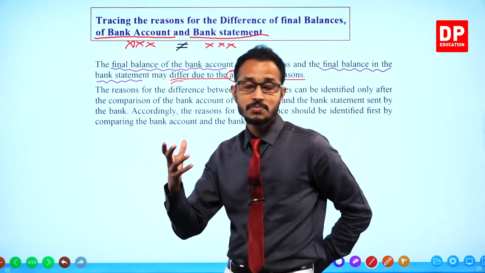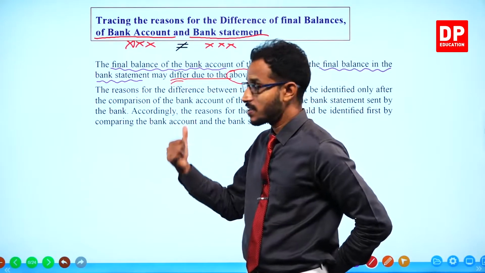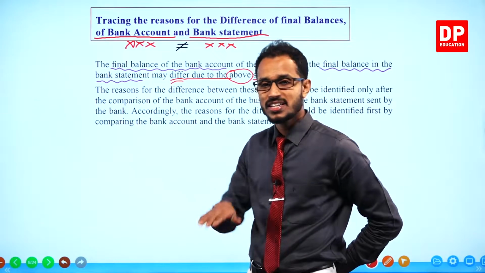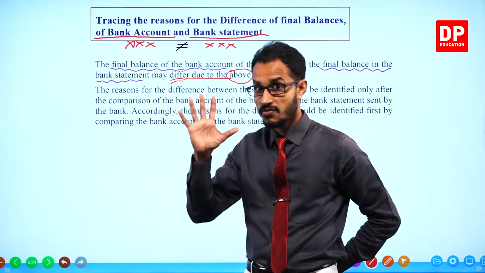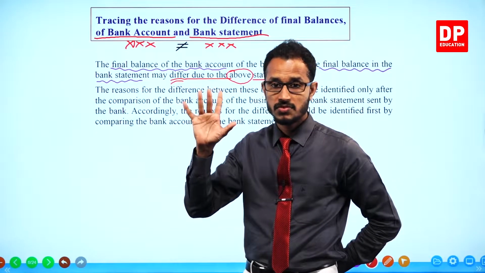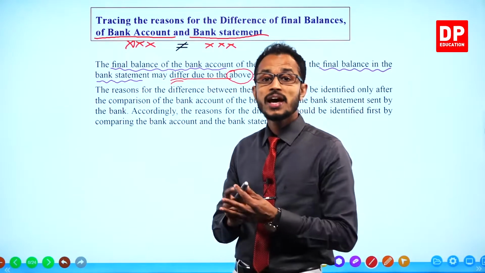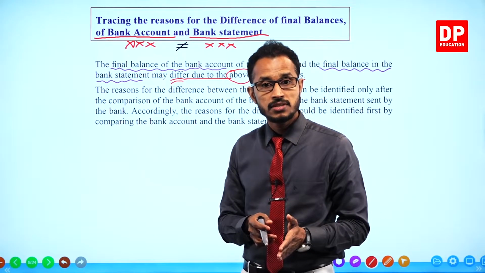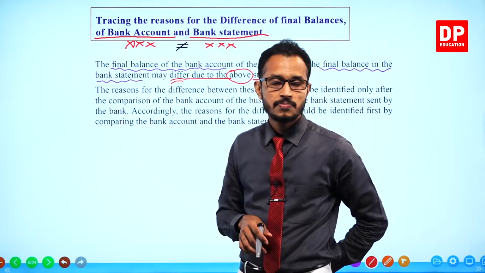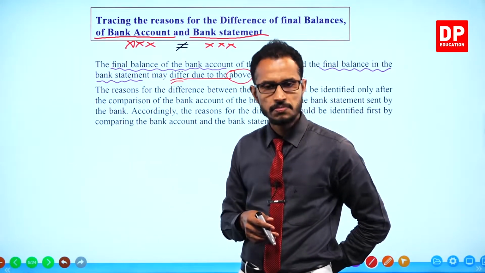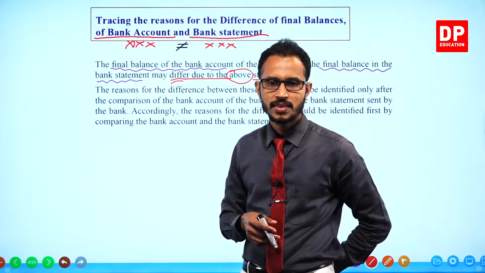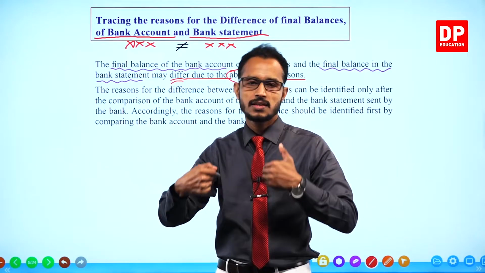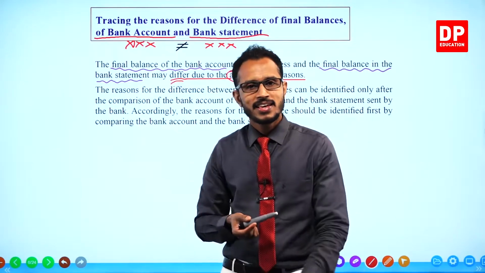Children, above stated means the things that we have done in the previous session. The reasons were done very clearly. Five reasons were discussed in the previous session. That's why when I started this session, I mentioned right at the beginning, you better go and watch the previous session if you haven't watched it, and then come back to this and continue with me.